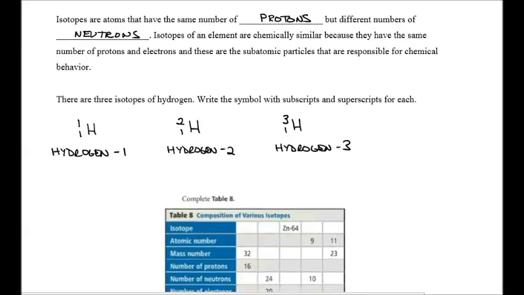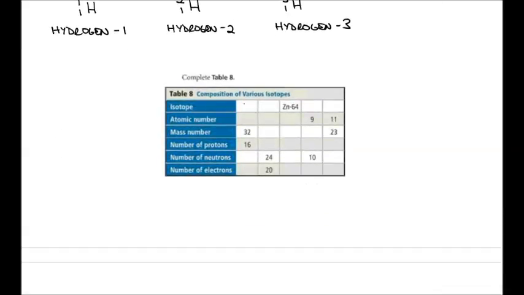So here we have a chart. We're filling in an up-down direction. So if I have 16 protons, then my atomic number is 16. The difference between the mass number and the number of protons is the number of neutrons, which just happens to be 16.